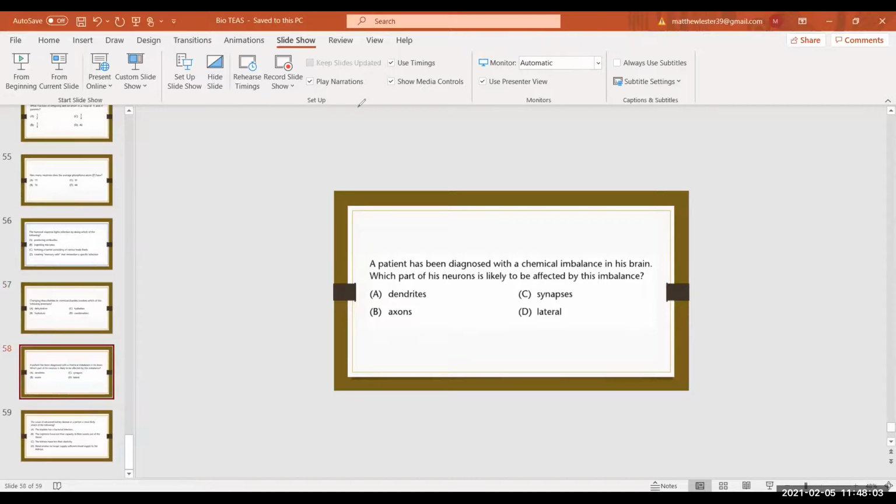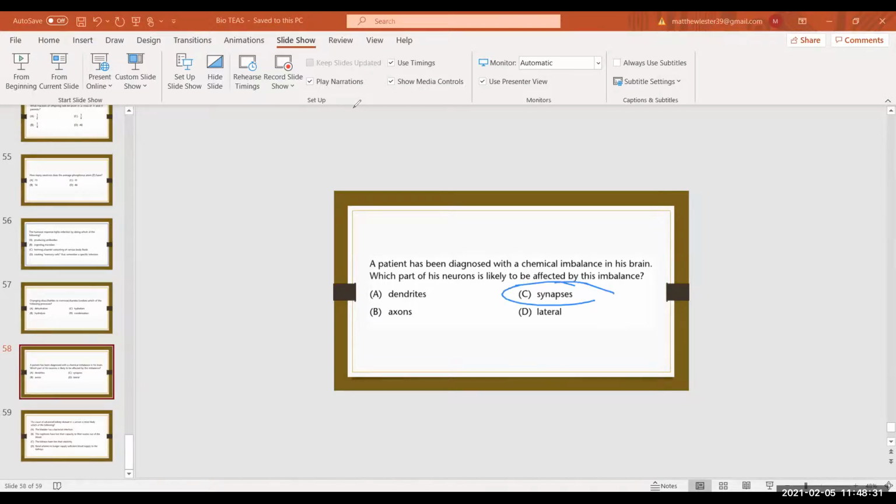Okay, so a patient has been diagnosed with a chemical imbalance in his brain. Which part of his neurons is likely to be affected by this imbalance? Okay, so the answer here would be synapses.